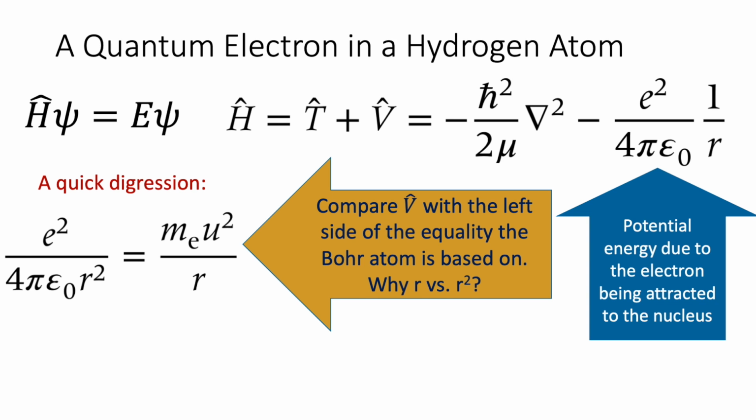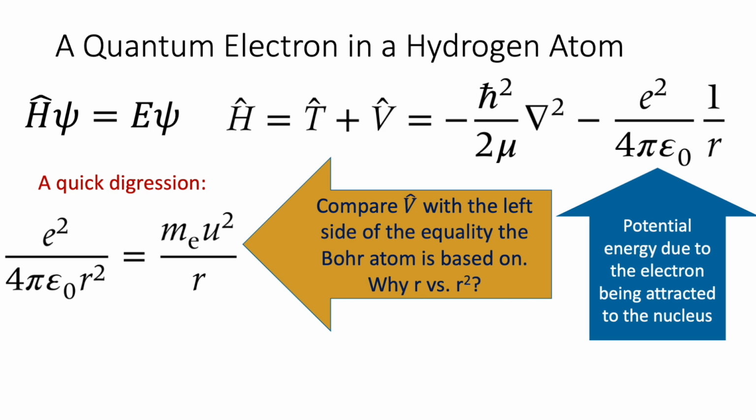And let's do a quick digression here. If we compare that term on the right, the potential energy term in the Hamiltonian, to what we have in the Bohr expression here, look at the left side there. We've got e squared over 4 pi epsilon naught r squared. So notice Bohr was 1 over r squared, and our Hamiltonian is 1 over r. So is this a mistake?